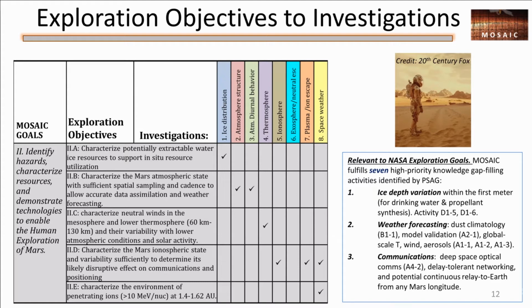And not to read what's there on the right, but the investigations of MOSAIC fulfill 7 different high priority knowledge gap filling activities identified by the precursor strategy analysis group, as shown on the right there. So there's significant relevance of these measurements to exploration, and just as Wendy said, without having to actually change anything, this sort of comes for free if you are able to fulfill these investigations.